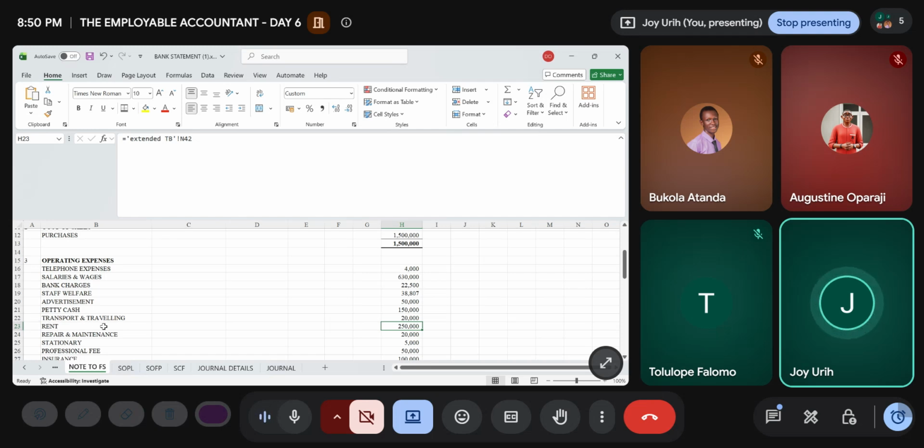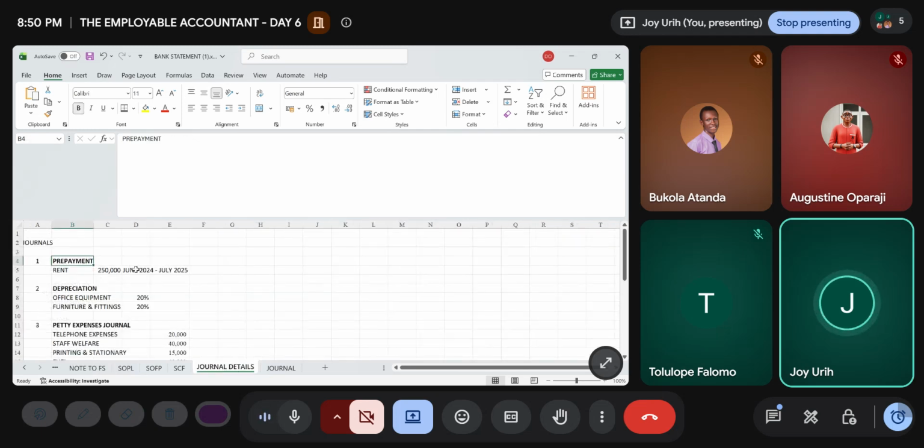So for this rent, it was given to us that we are preparing the 2024 financial statement. It was given to us that the rent was paid in May and it covers the period from June 2024 to July 2025, which means that we are not going to recognize the whole of the 250,000 in our rent. We are going to recognize some as rent and some as prepaid rent because the rent actually elapsed to 2025, right?